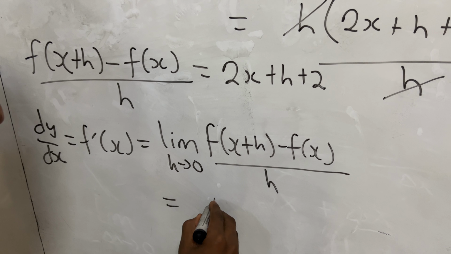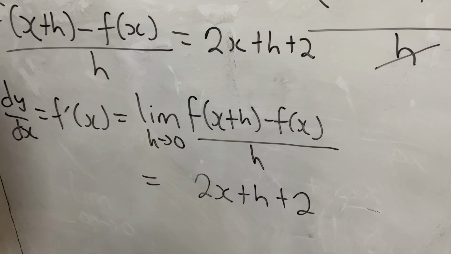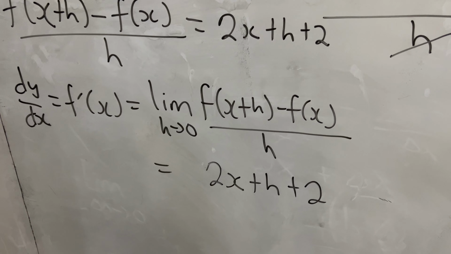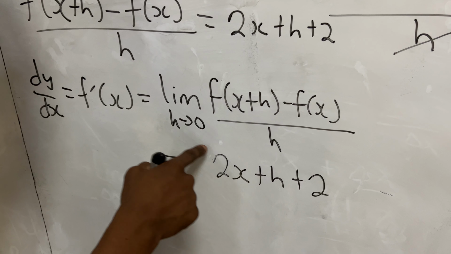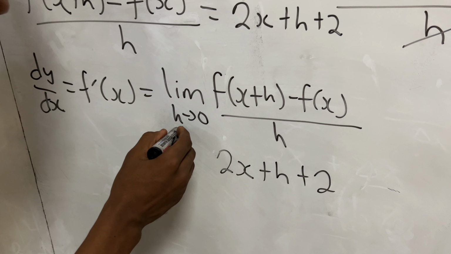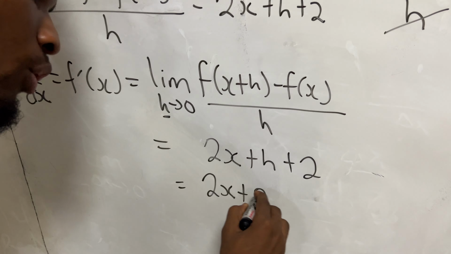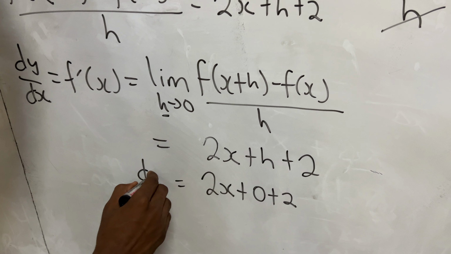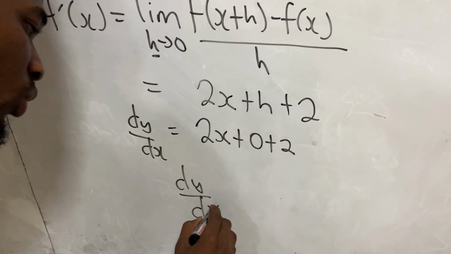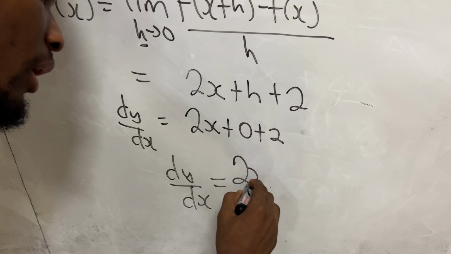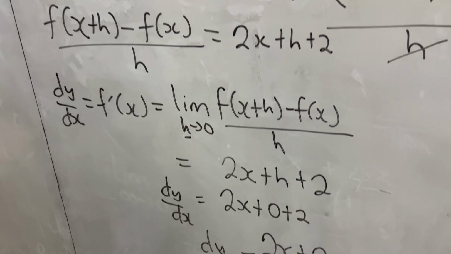So I'll have 2x plus h plus 2, right? But we are saying as h approaches 0, so wherever we see h, we'll put 0 there. So this becomes 2x plus 0 plus 2. So that is our dy over dx. So therefore, finally, our dy over dx will be 2x plus 2. As simple as that.